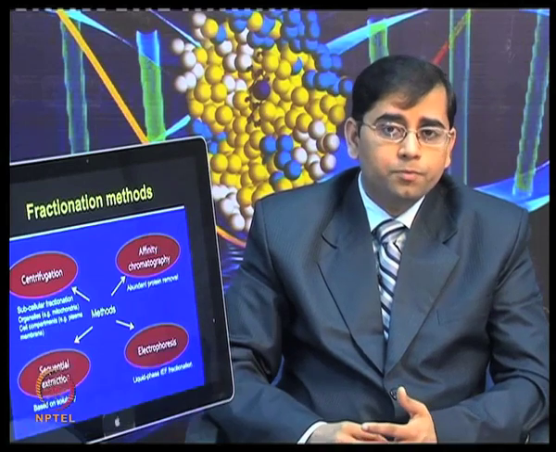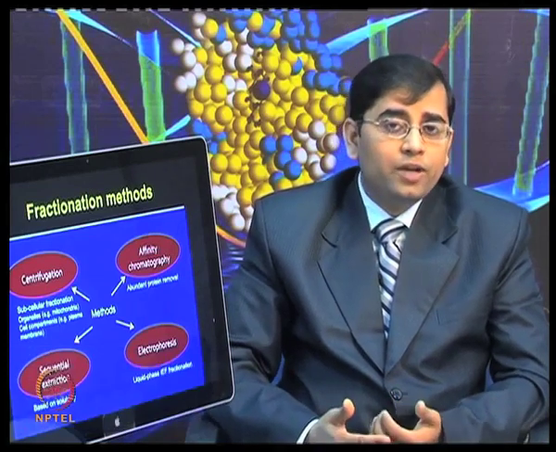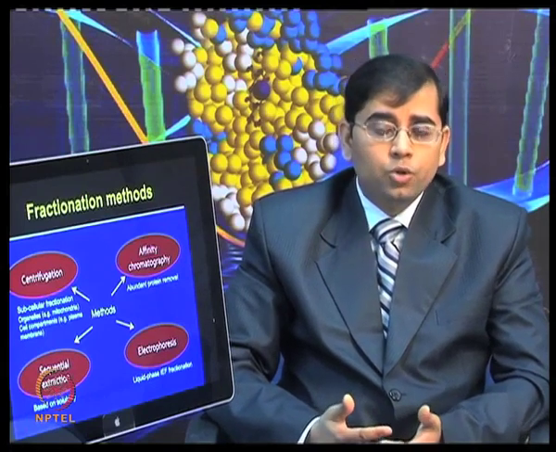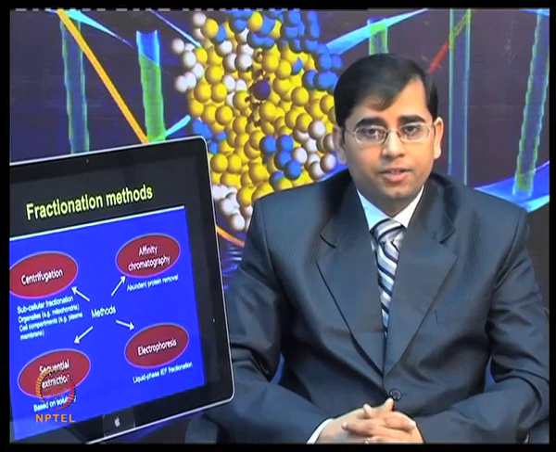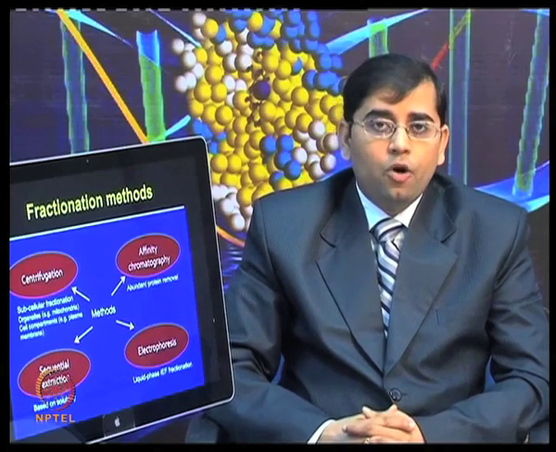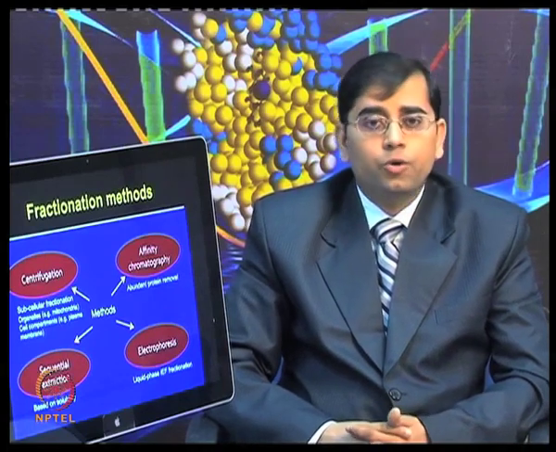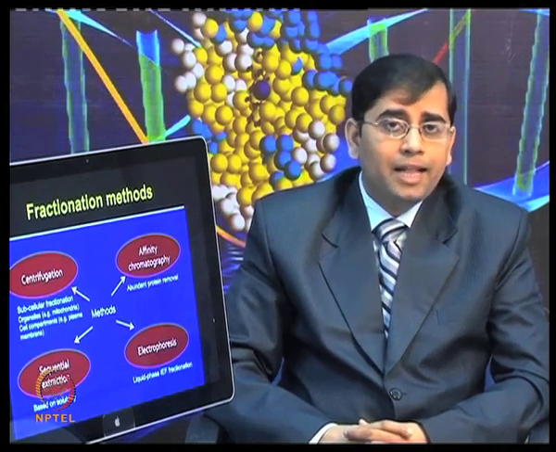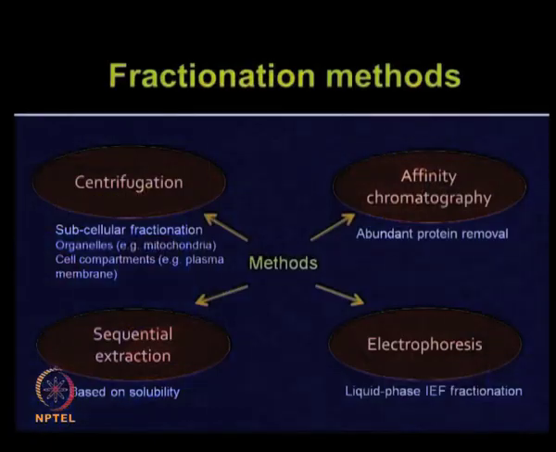The simplest, for looking at an organelle or a specific type of proteome, is to use different ways of centrifugation and ultracentrifugation, when you are looking for subcellular fractionation of organelles such as mitochondria or chloroplast, or cell compartments such as the plasma membrane. Different types of chromatography methods can also be used for fractionation.